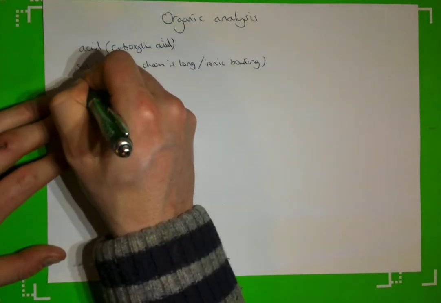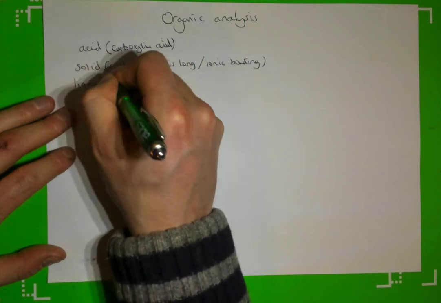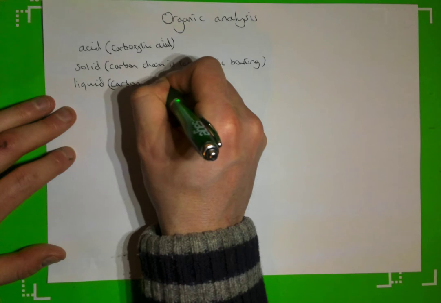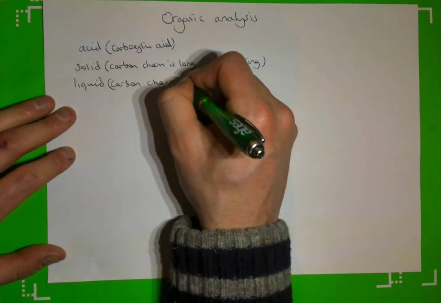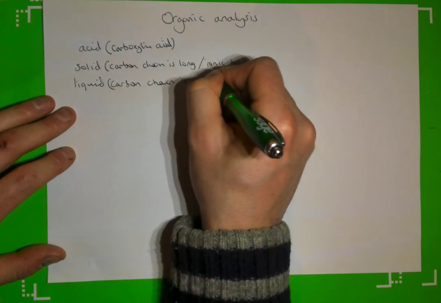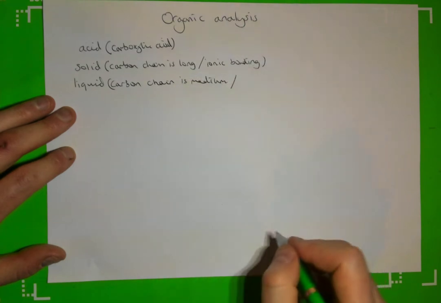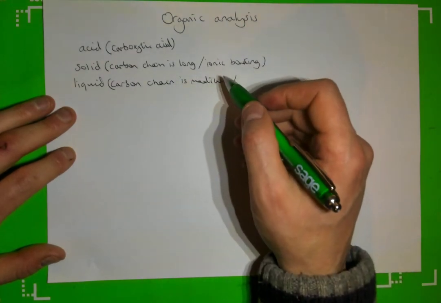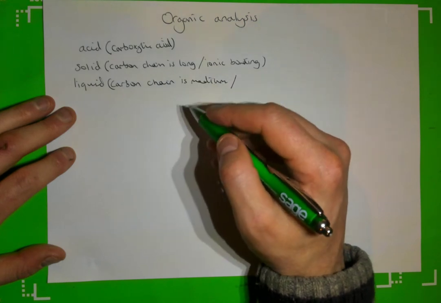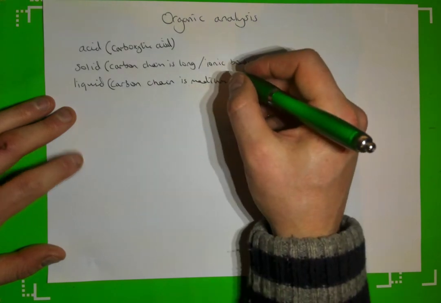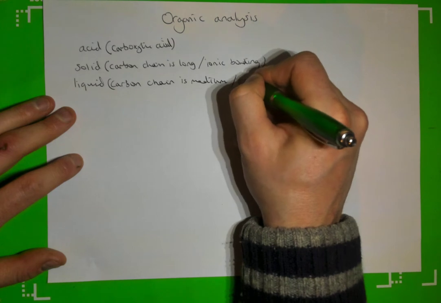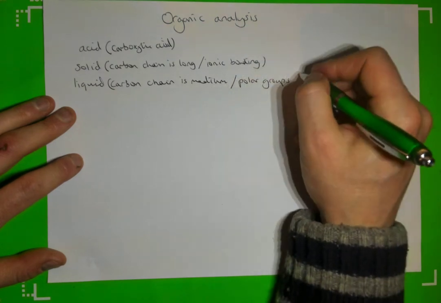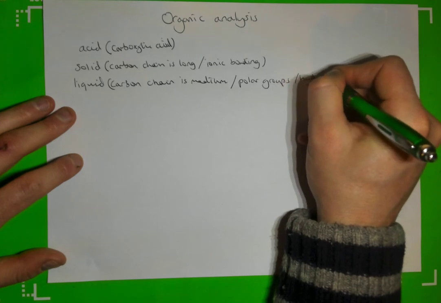Or if it is liquid, that suggests that the carbon chain has a medium length, and that the forces between the molecules are not quite as strong as ionic bonding, but perhaps it has some polar groups in it, or there's some hydrogen bonding between the molecules.